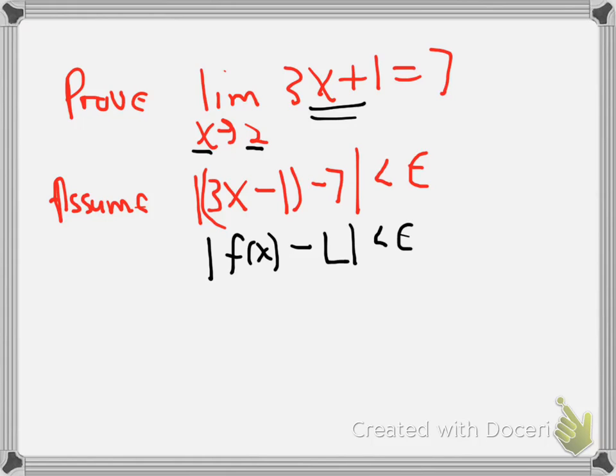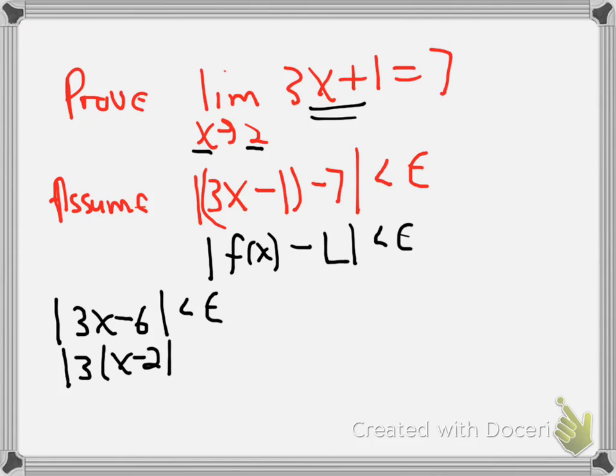Now, here's how it works. I can simplify the 3x plus 1 minus 7 to be the absolute value of 3x minus 6, less than epsilon. Okay, I can write that as the absolute value of 3 times the quantity x minus 2 is less than epsilon.